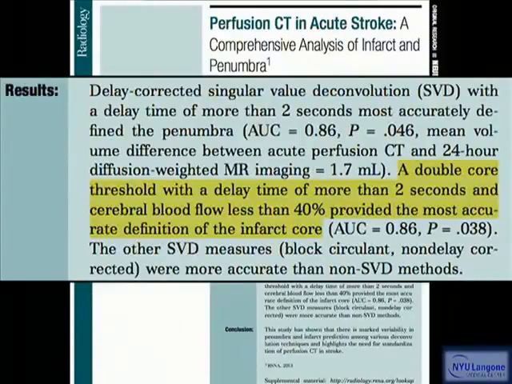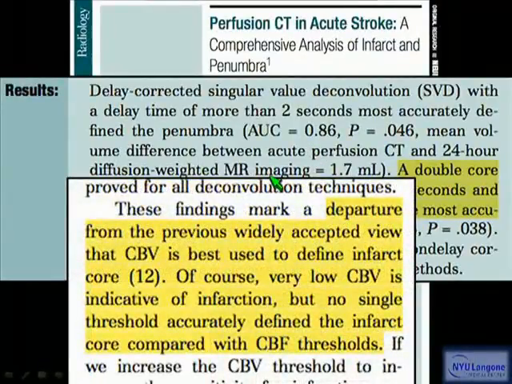And this was so against the grain for our society that they felt the need to say in their article, this is a departure from the previously widely accepted view that CBV is the best used to define infarct core. Of course, very low CBV is indicative of infarction. When you have no flow, you certainly have no viability. But no single threshold accurately defined the infarct core compared with cerebral blood flow.